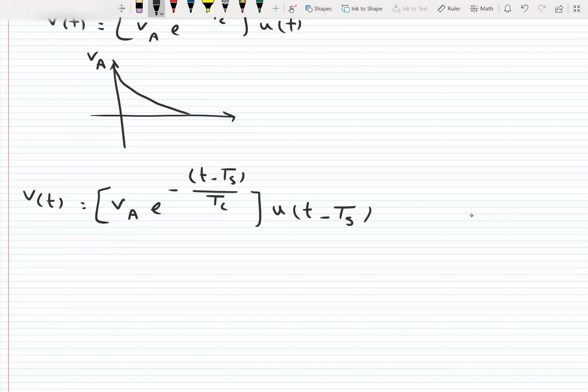Notice that Tc and Ts are different. Tc is the time constant, but Ts is a constant value for time shifting of the signal.